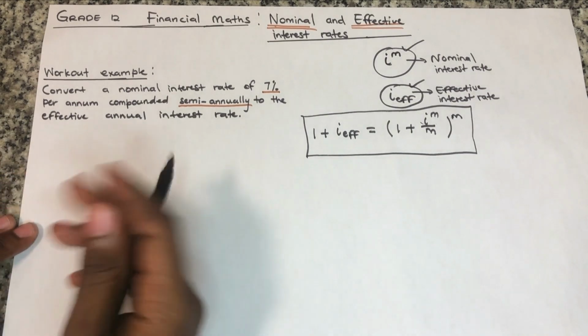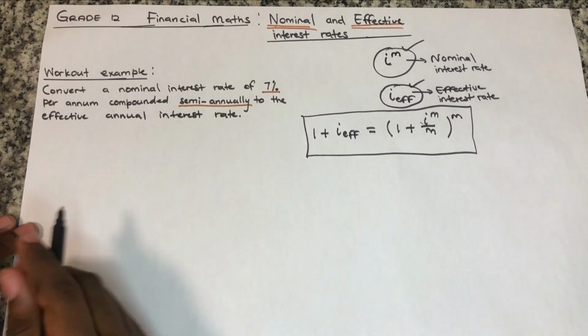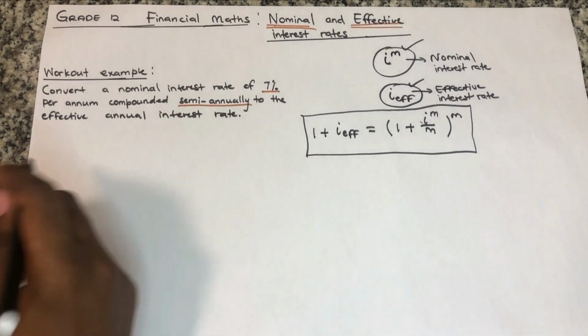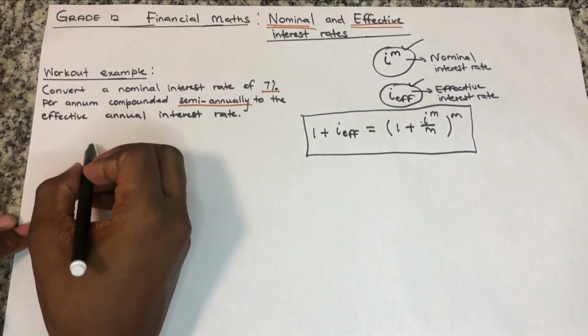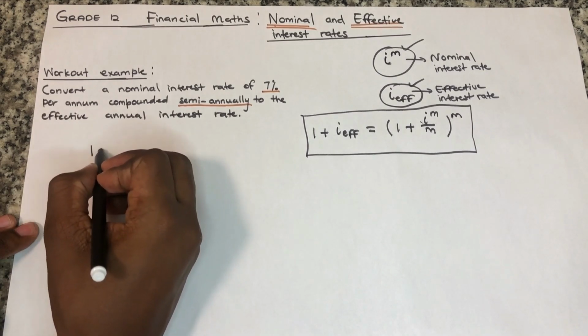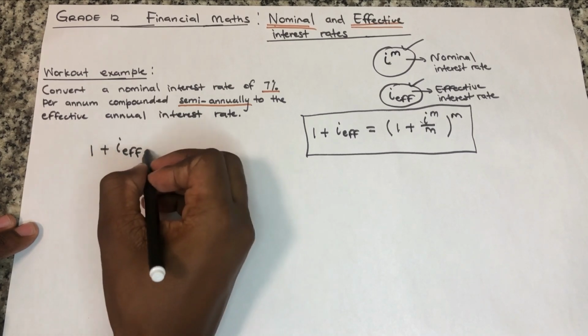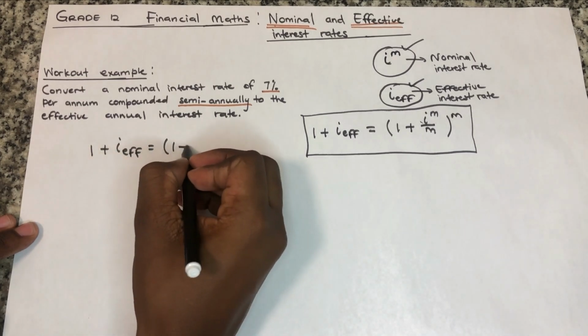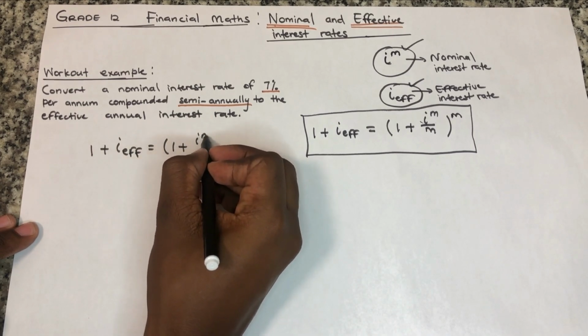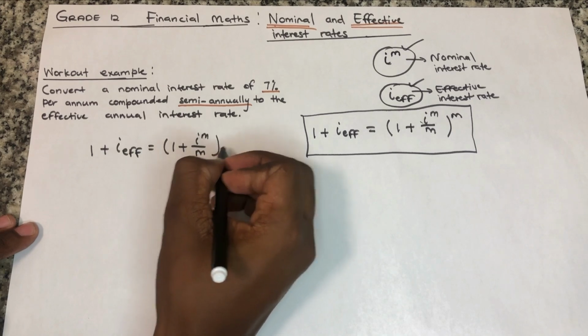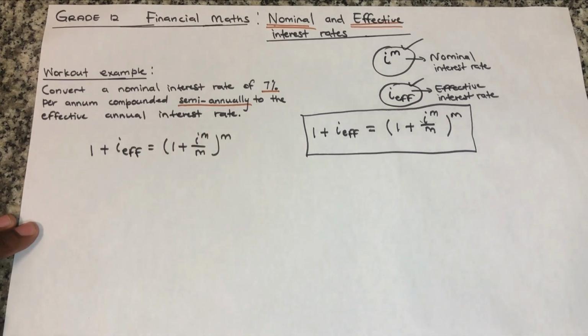Here we're looking for the effective interest rate, the actual interest rate that's going to be applied. So that's going to be 1 plus IEFF is equal to, open bracket, 1 plus I over M, to the power of M outside the bracket there, okay?